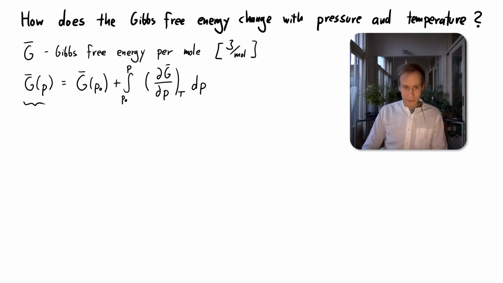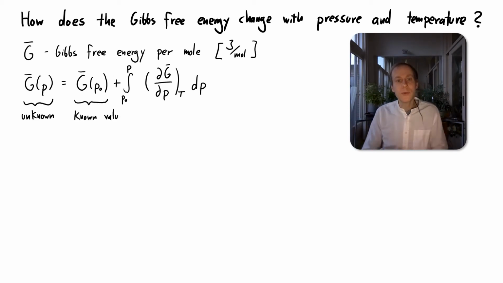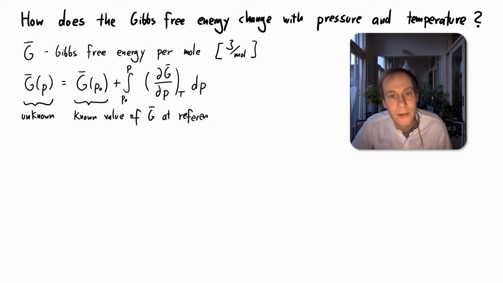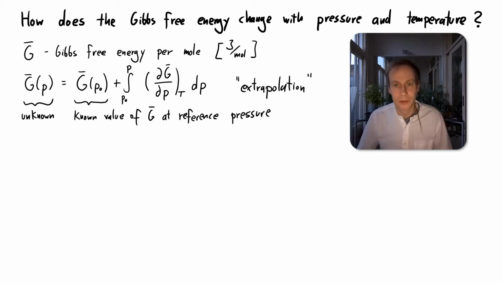Okay, so again, this is what we want to calculate, the Gibbs free energy at a certain pressure P. But we need to know the value of the Gibbs free energy at a reference pressure, and we do this by so-called extrapolation. Okay, so in order to evaluate this integral, we need to take a look at the thermodynamic quantities once again.